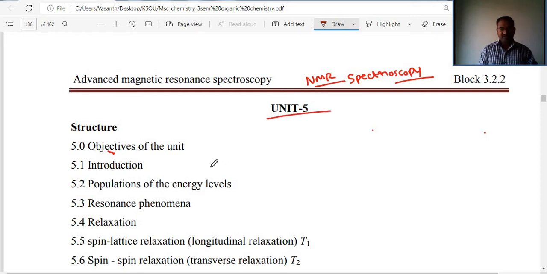In this unit, we discuss the basic introductions regarding nuclear magnetic resonance spectroscopy, populations of energy levels, resonance phenomena, relaxation.